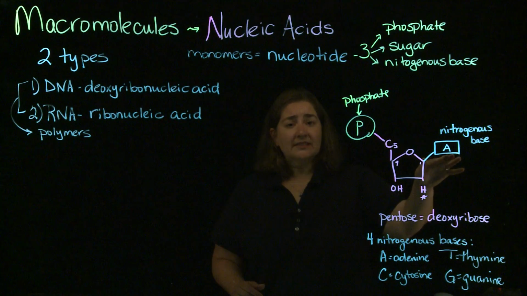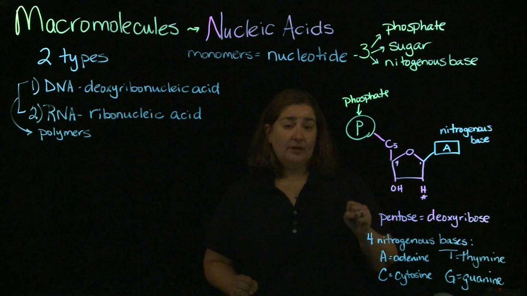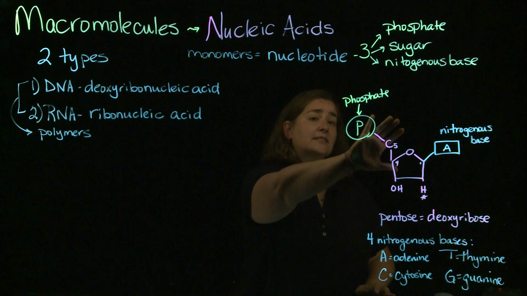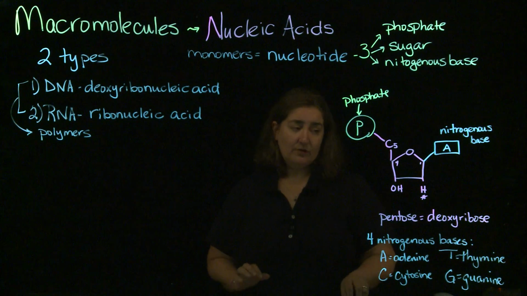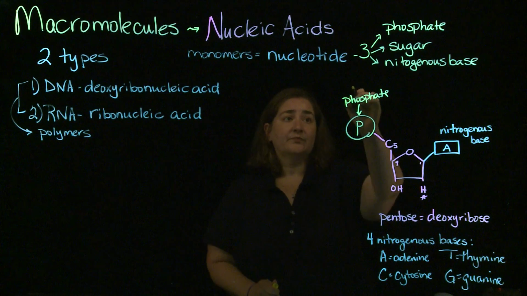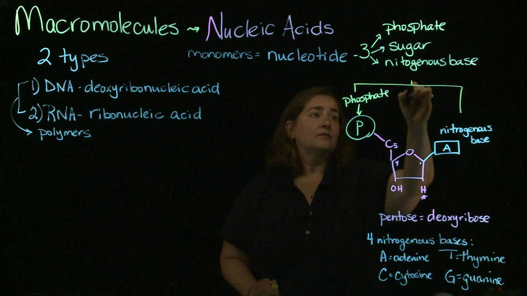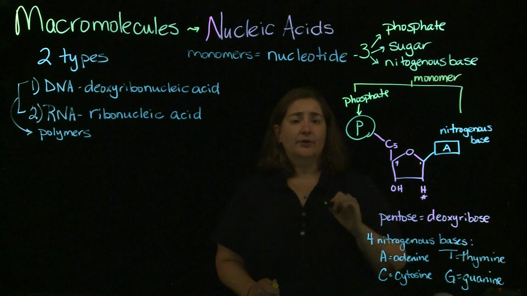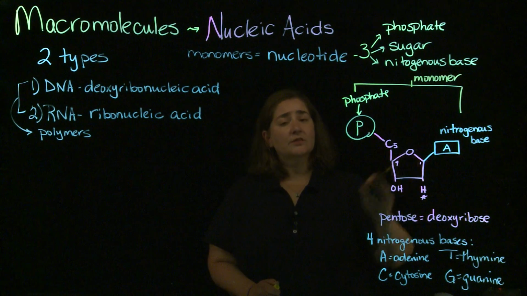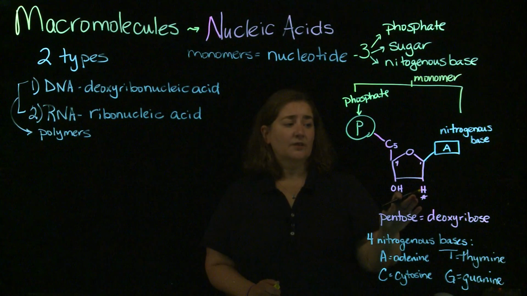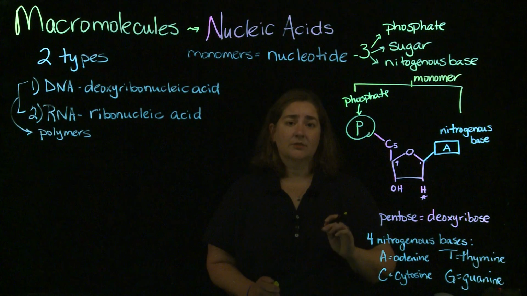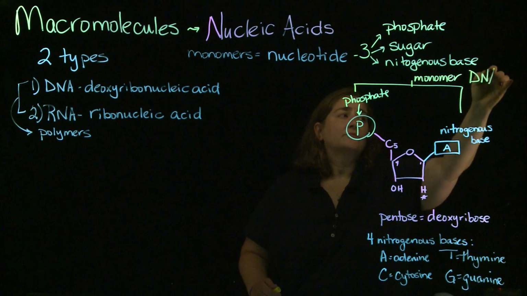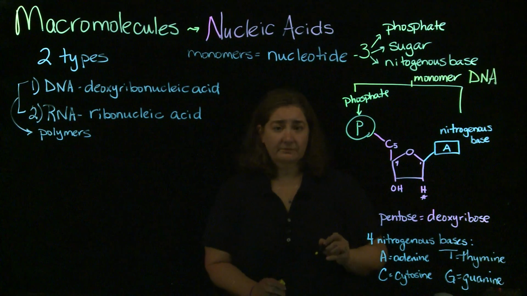This could also be a T, a C, or a G. In terms of the nucleic acids, this now is our monomer. You've got three components that make up the monomer: the phosphate, the sugar, and the nitrogenous base. And this is going to be a monomer for DNA.